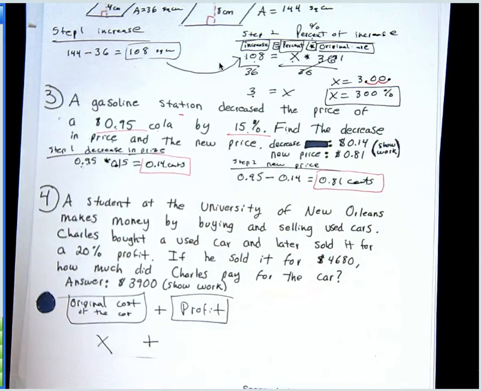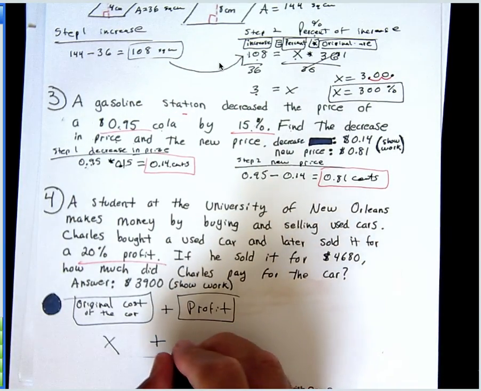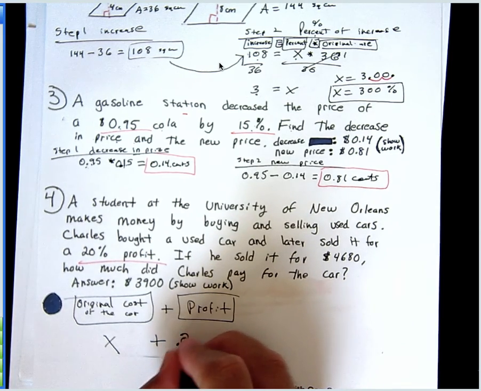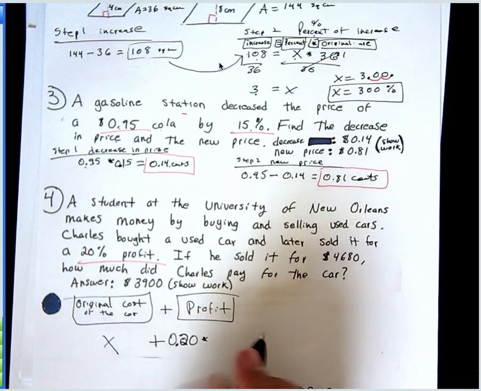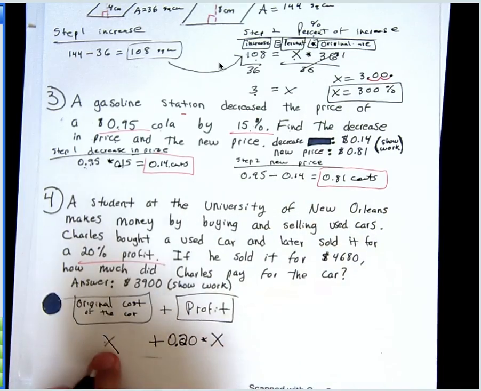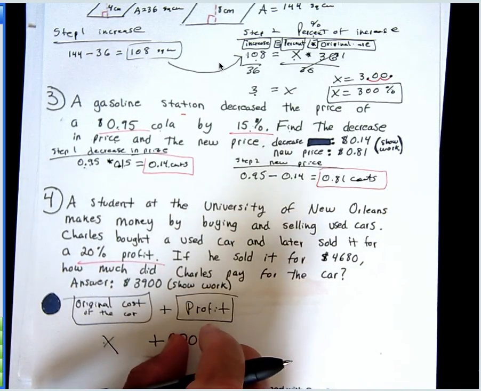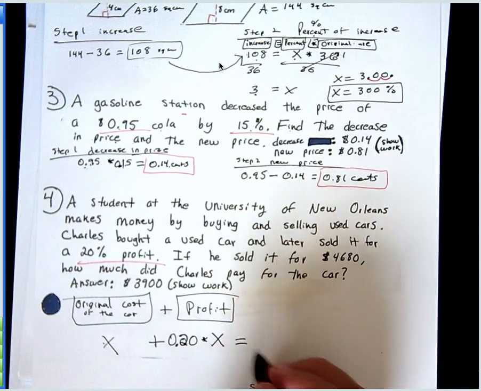What was the profit? The profit was 0.20 times profit of what? Of the original. So this is the original plus 20% of the original. That's how much you're adding to it to know how much he sold it for.